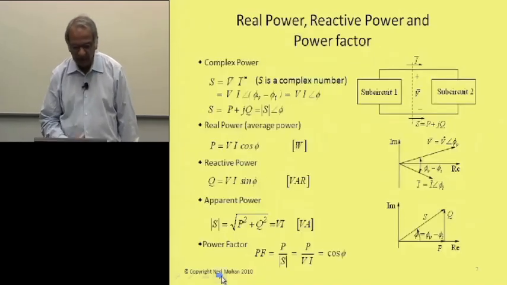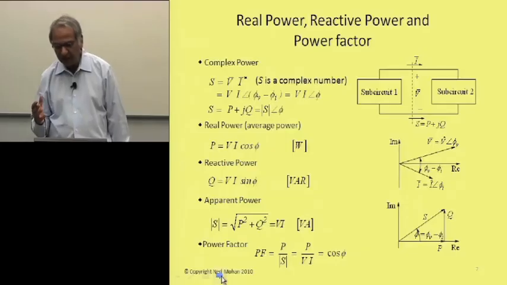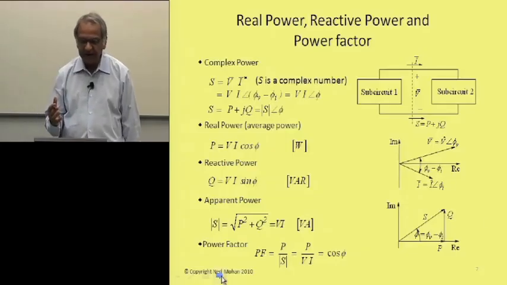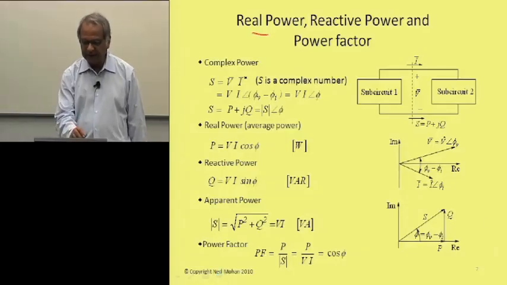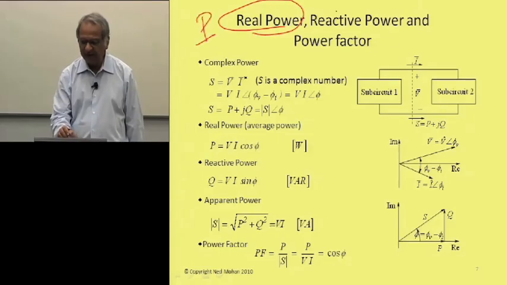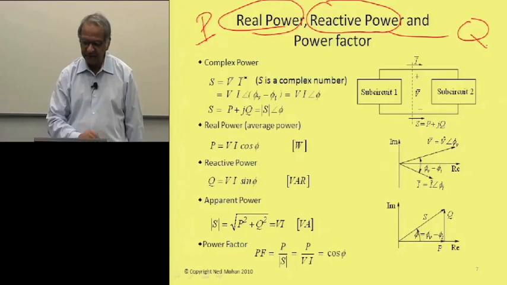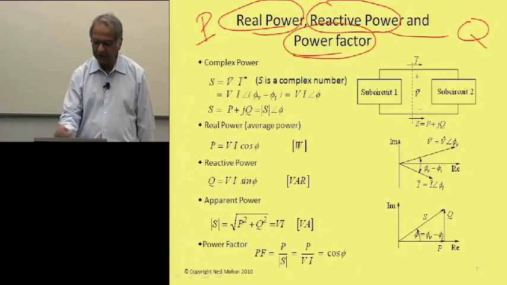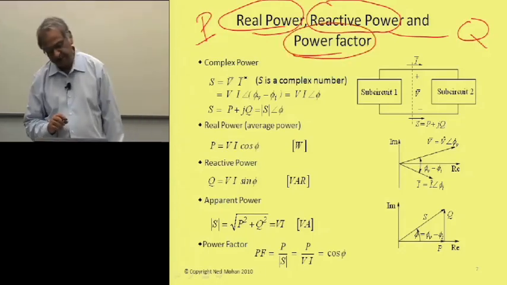So what we need to do is define, in addition to this real power, which we'll designate by symbol P, something called reactive power, which we'll designate by symbol Q, and also something called power factor.